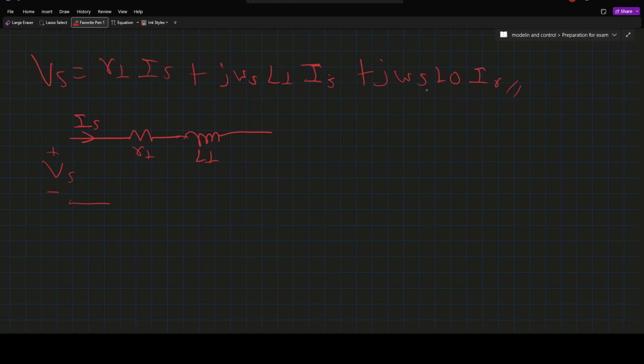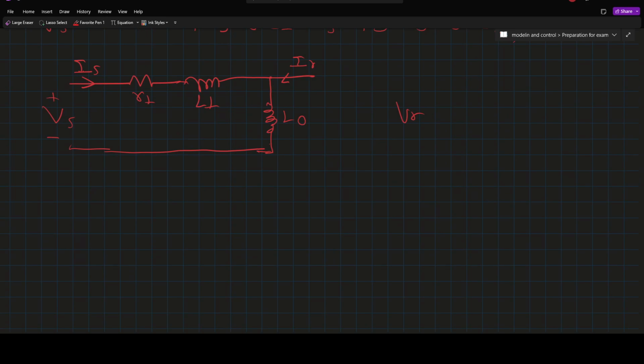And we have omega s L naught and another current I R, which adds with I S and goes through another inductance L naught. Like this we have our first part. Now we need to figure out our equation for our rotor.